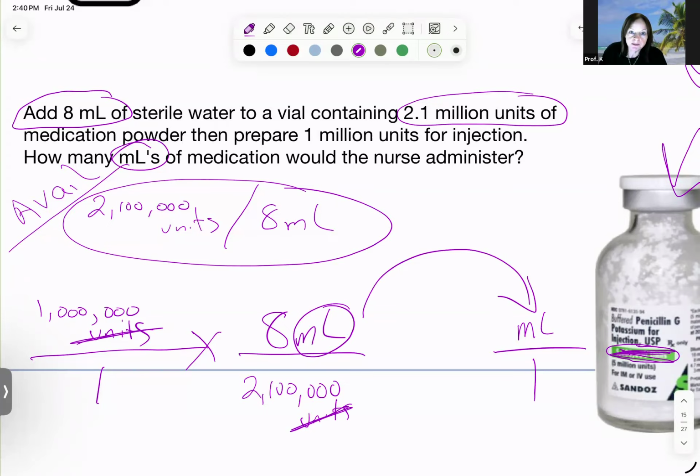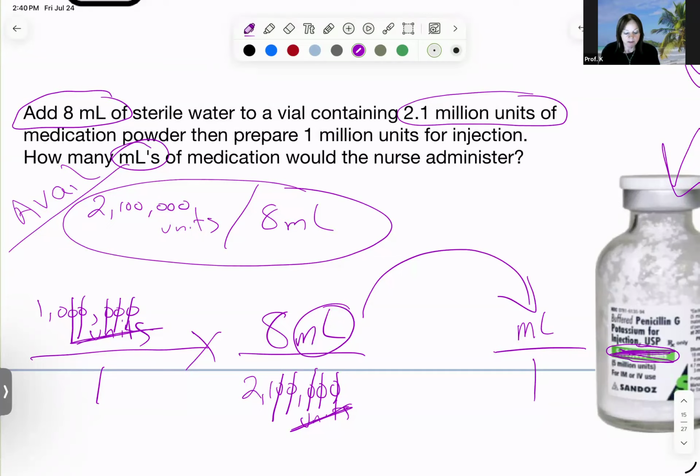Just remember, if you remove from the top, you have to remove the same amount from the bottom. So what do I mean by that? I can take away 1, 2, 3, 4, 5. 1, 2, 3, 4, 5. I can remove the same amount of zeros from the numerator and the denominator to make it a smaller number.